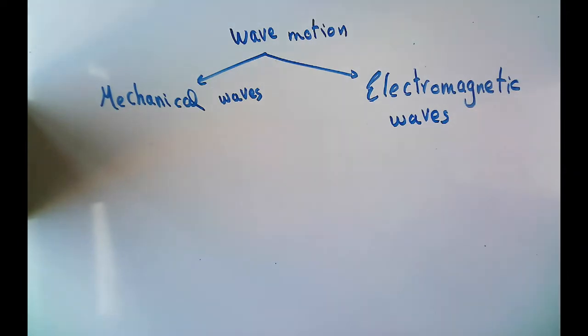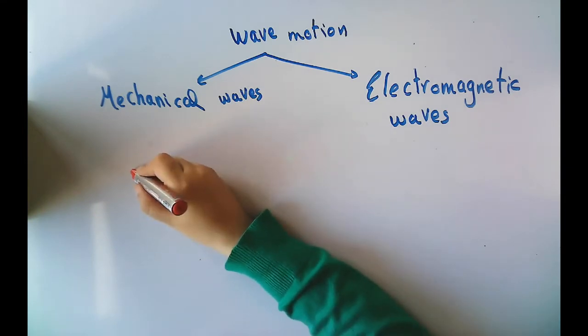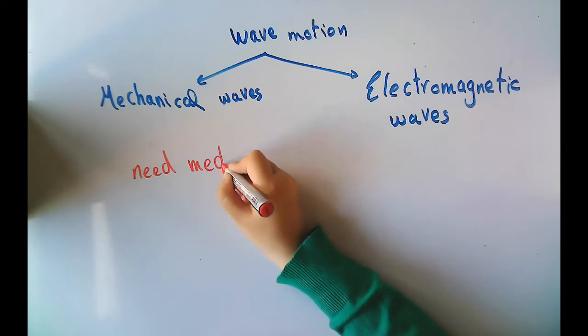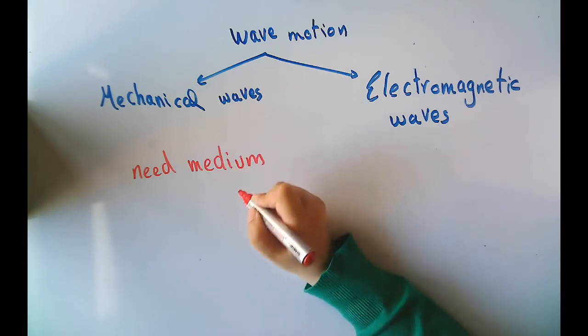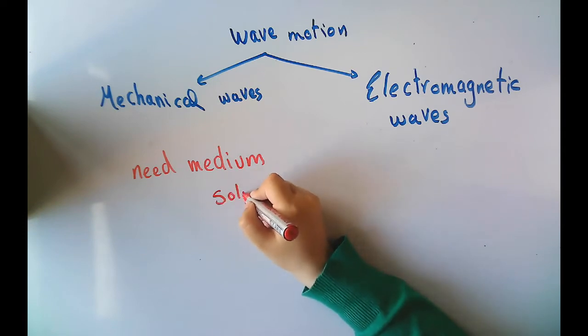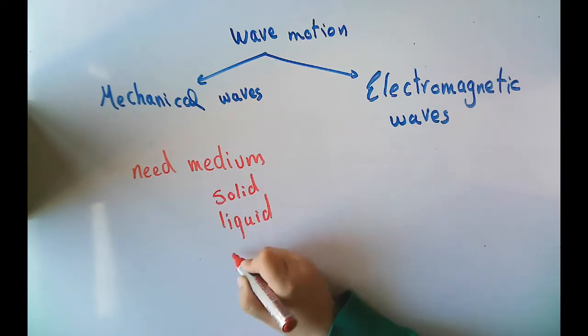Mechanical waves need a medium to propagate through. They need a medium. What is the meaning of medium? Medium means solid, liquid, or gas.